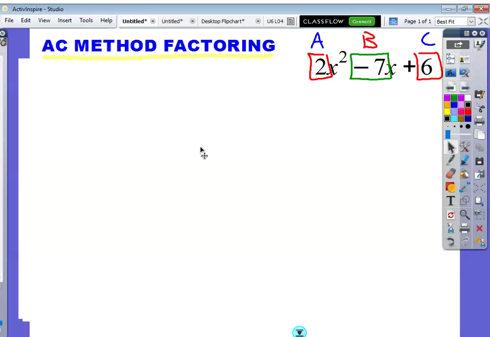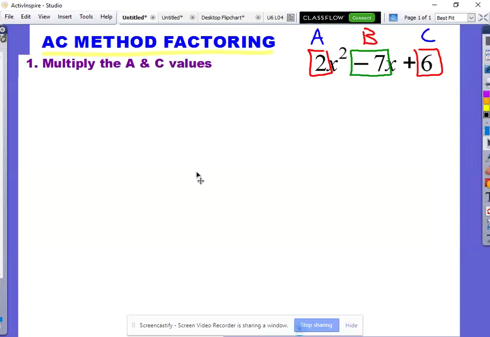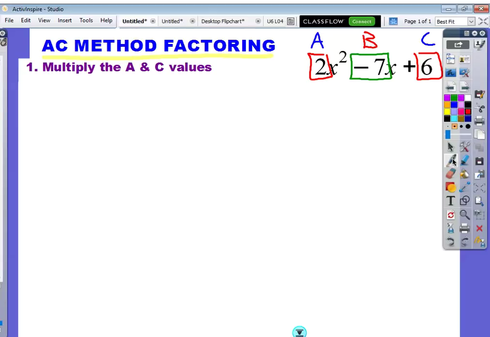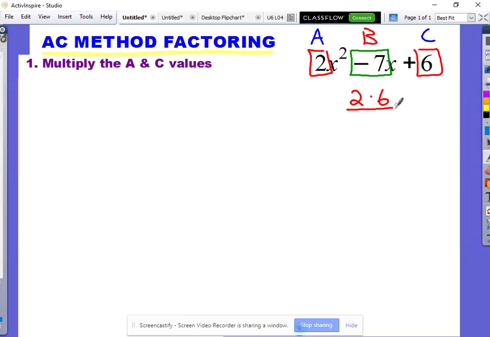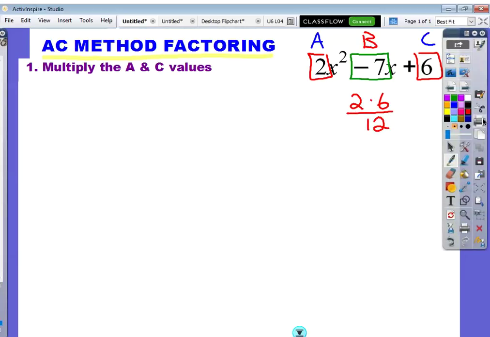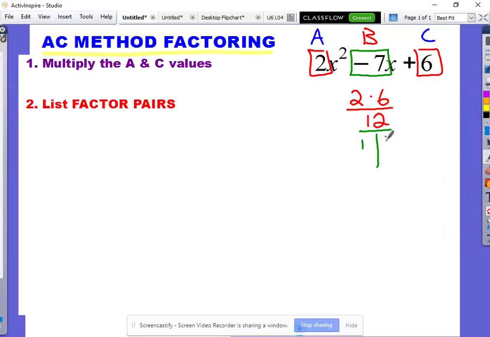All right, so step number one. First thing to do in the AC method is to actually multiply the A and the C values together. So in this case, we're going to identify my A and C. They're 2 and 6. So 2 times 6 gives us 12. Okay. And now that we have our 12, we're going to, step 2, list all the factor pairs of 12. Remember, factor pairs are numbers that multiply to 12.